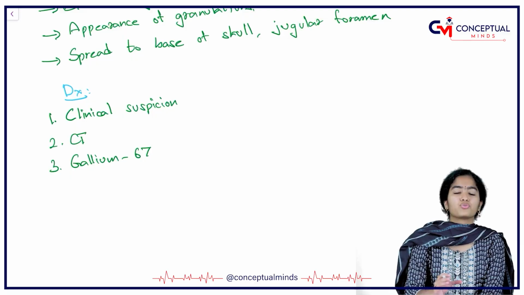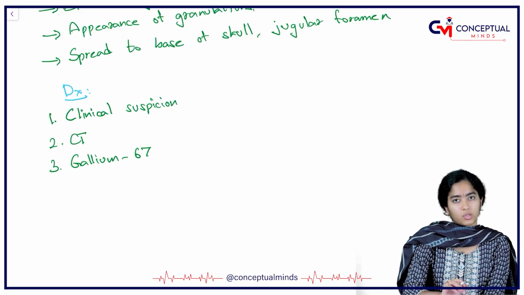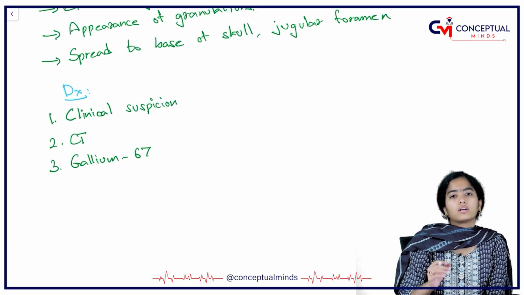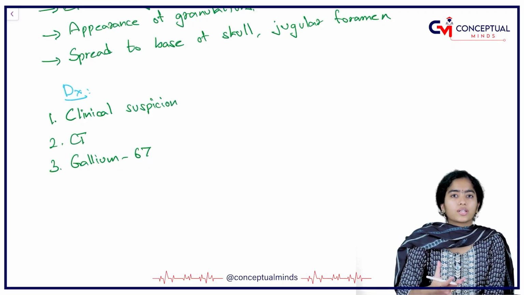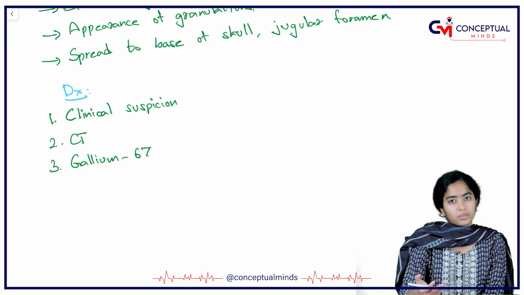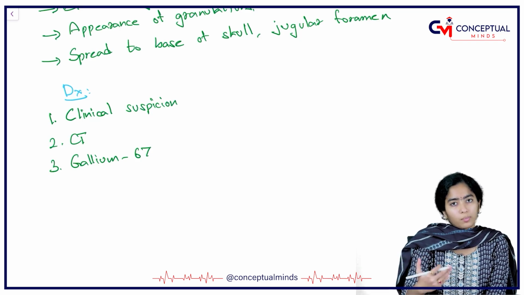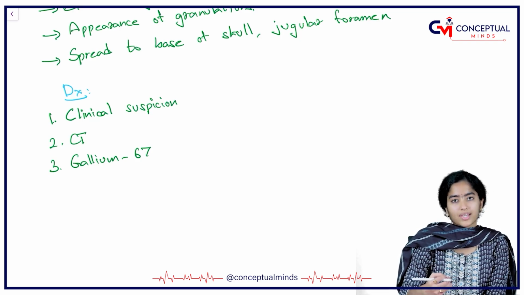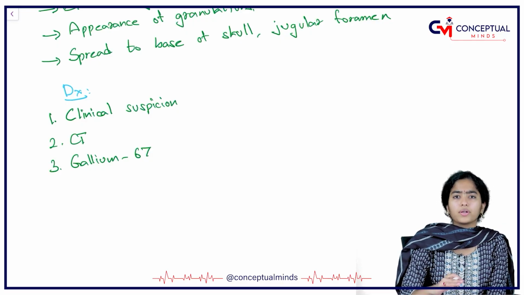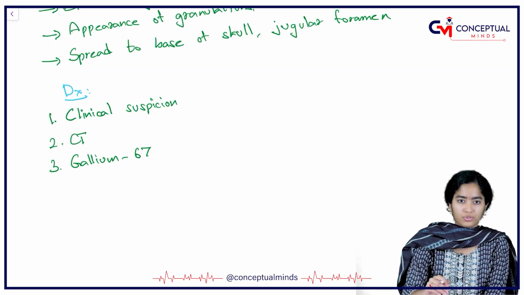Follow-up in the sense after treatment, if at all the patient is improving or not, can also be detected by this gallium-67 scan, because gallium-67 takes up monocytes and reticuloendothelial cells, the inflammatory cells that are present in that area, and if our treatment is working out, then automatically the cells would come down and the gallium scan would show those results. So it's used for both diagnosis and follow-up, and you can repeat the gallium scan every 3 weeks to assess the progress of the patient.